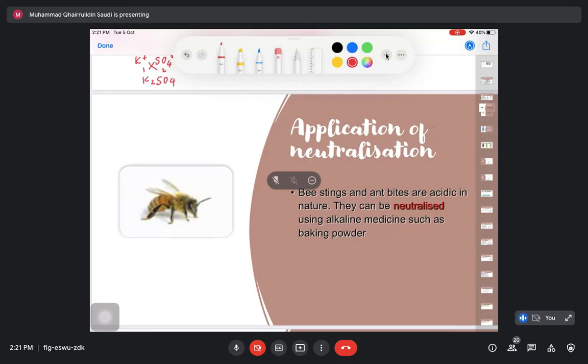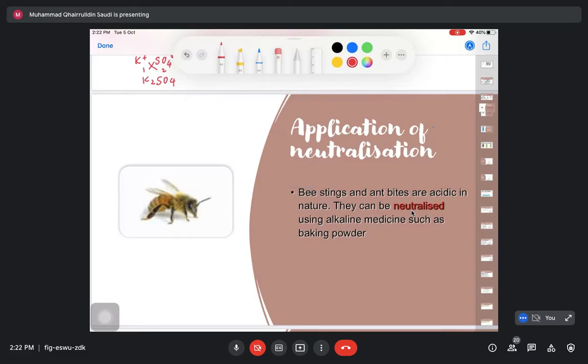So what should you do? You can reduce your swelling and the reaction by putting some baking powder to neutralize the acidic sting. When they are neutralized, they will form salt and water.